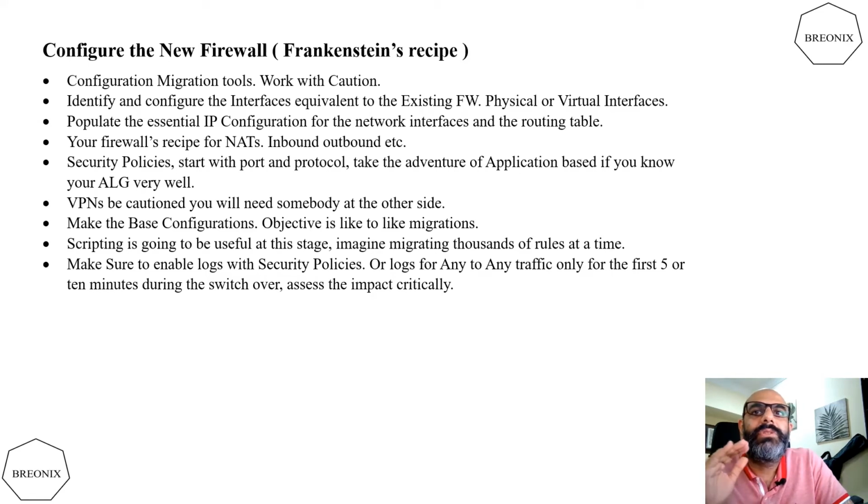Your major objective that has to be propagated is that we are targeting a like-to-like migration, and as soon as we put the new firewall into the like-to-like state, we will make it stable, and after that we will do all the enhancements, the feature activations, the design changes that are required. Now scripting becomes very handy.